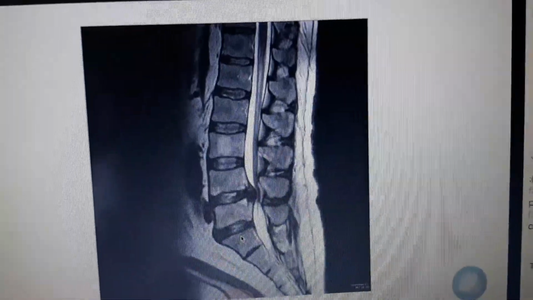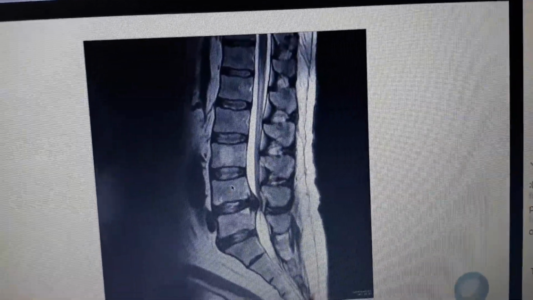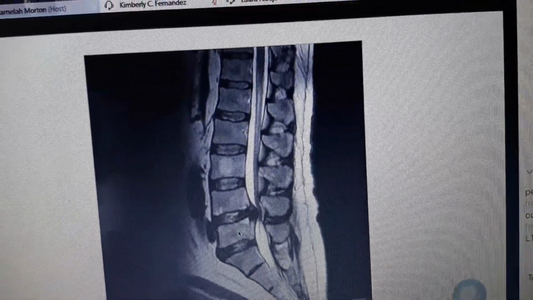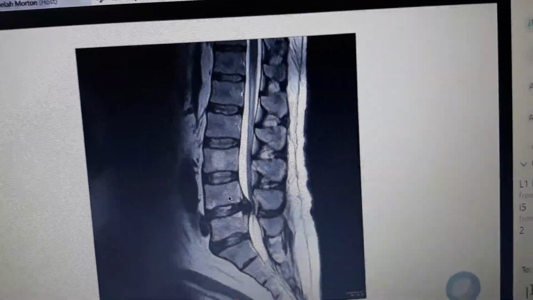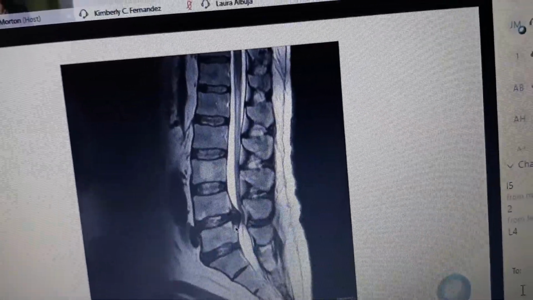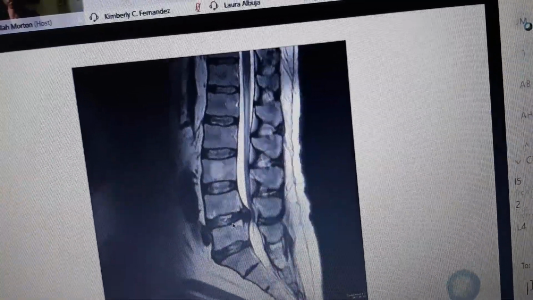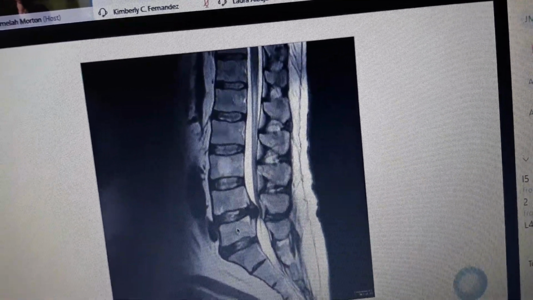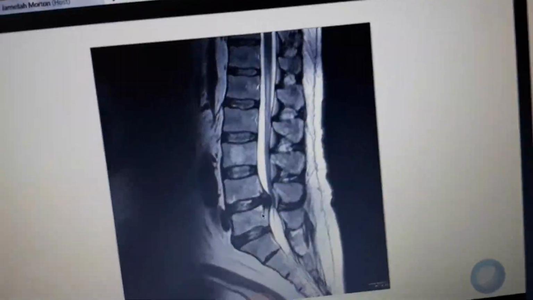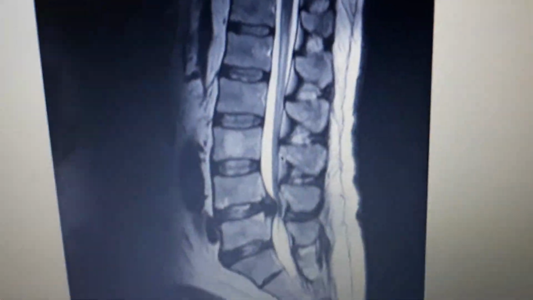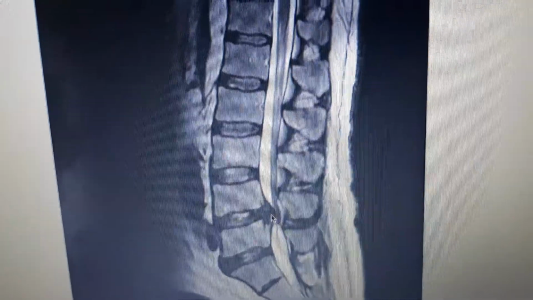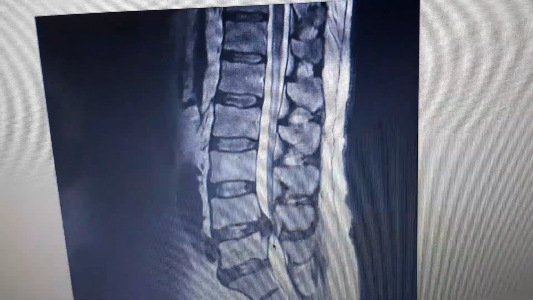So this is L4, this is L5, this is S1. So where's the disc? Between L4 and L5. It's pressing on the cauda equina nerve roots, and it's actually completely compressing the cauda equina nerve roots.